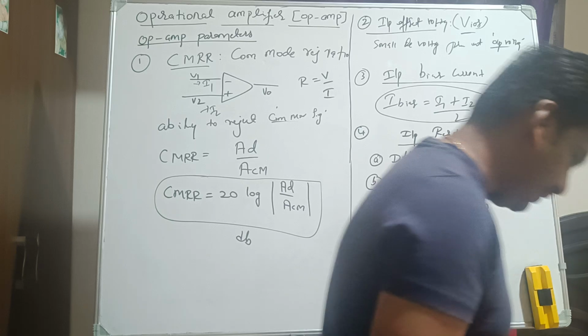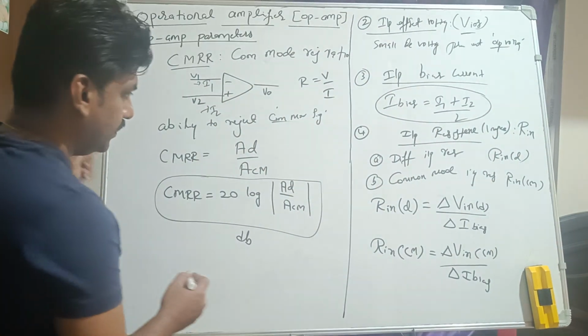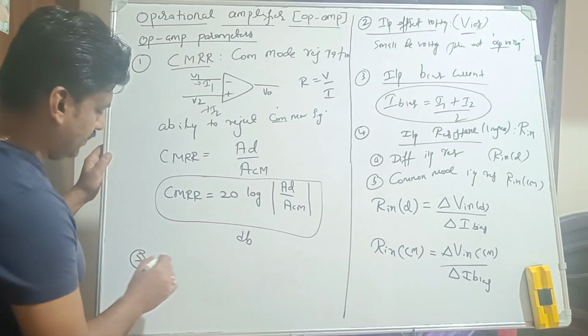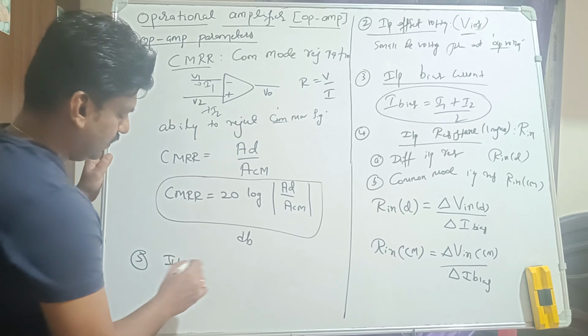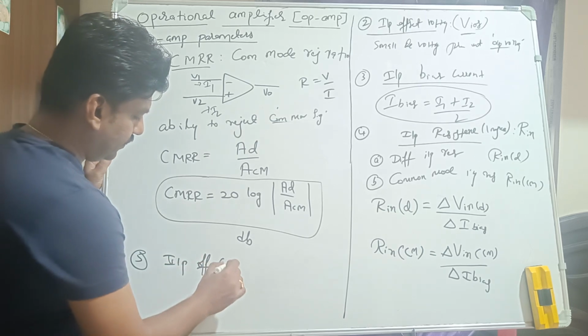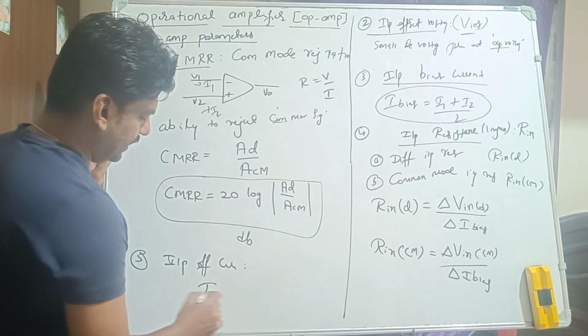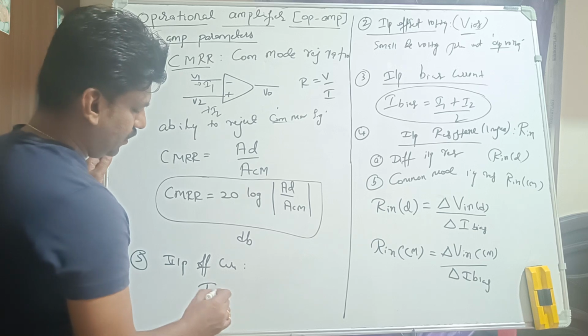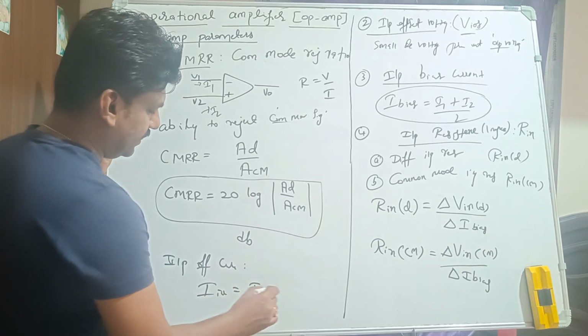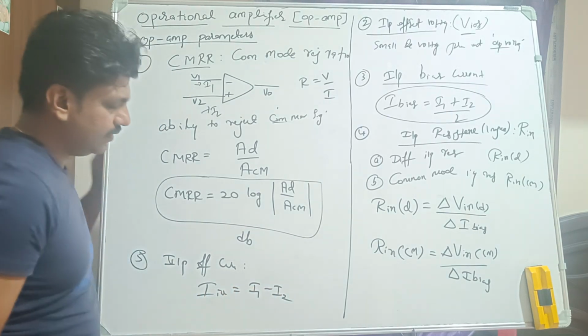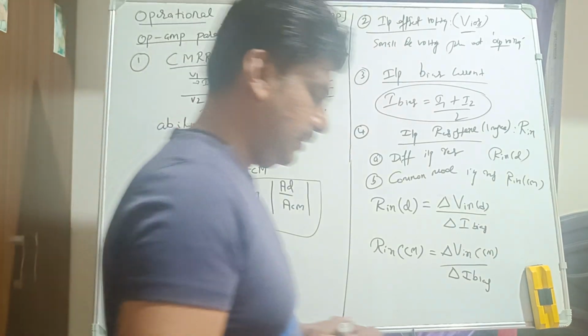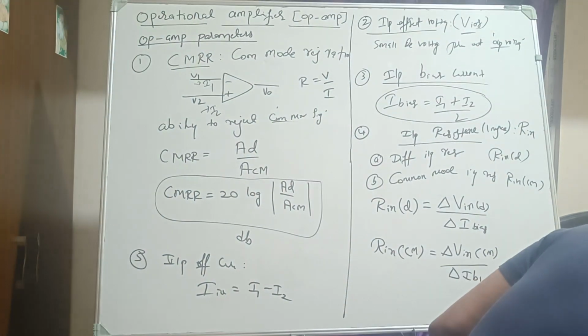What is the fifth parameter? Input offset current. I will write input offset current. It is nothing but the difference between the currents I1 and I2, right? Next, output resistance is there.